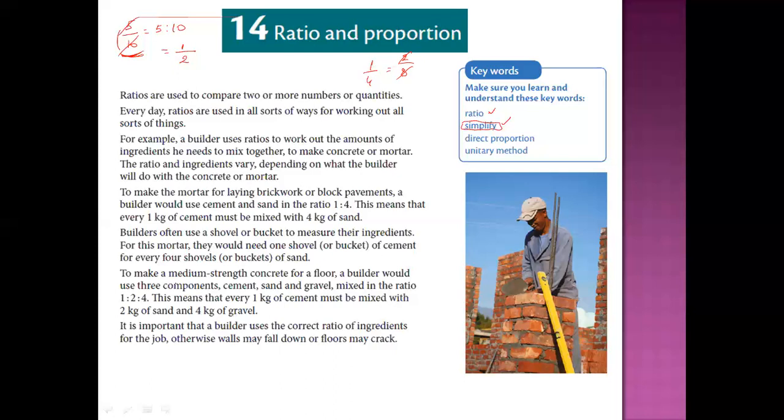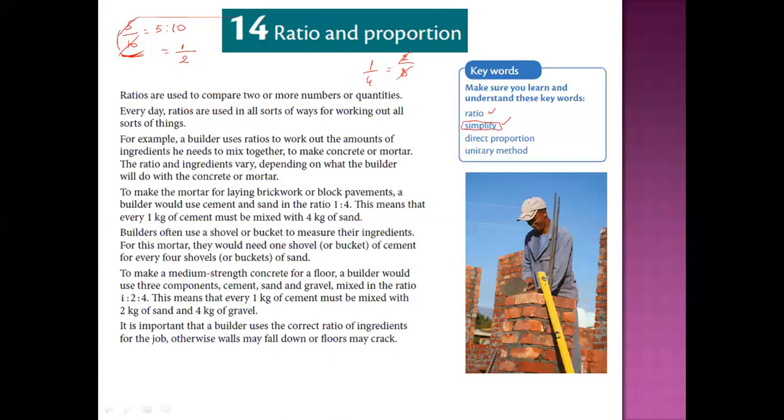To make medium strength concrete for the floor, a builder would use three components, cement, sand, and gravel, mixing in the ratio 1 to 2 to 4. This means that every 1 kilogram of cement must be mixed with 2 kilograms of sand and 4 kilograms of gravel.